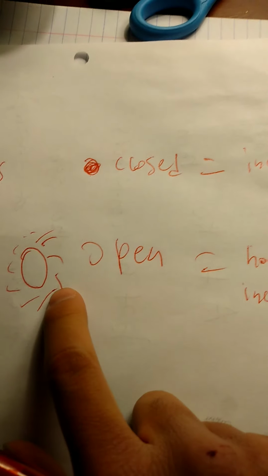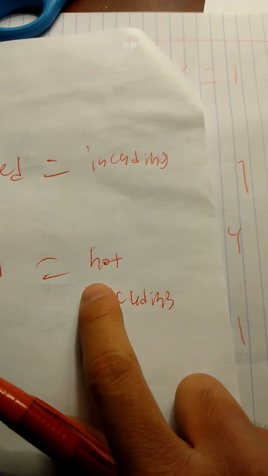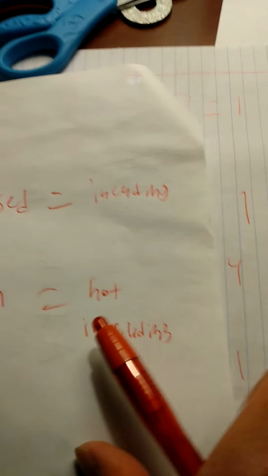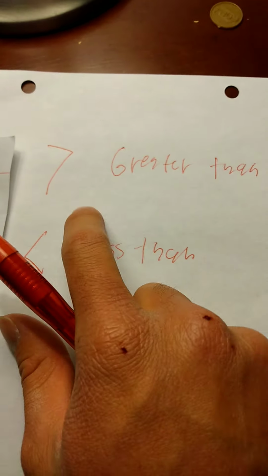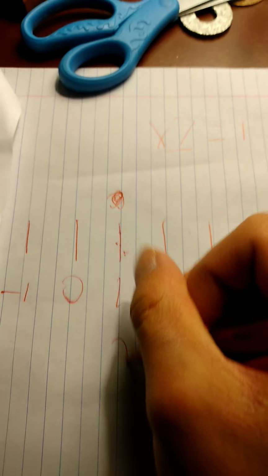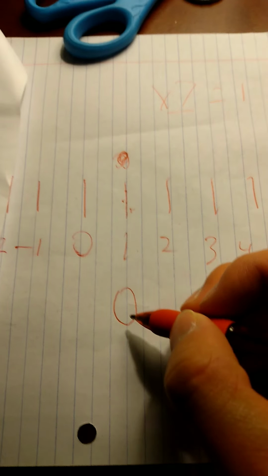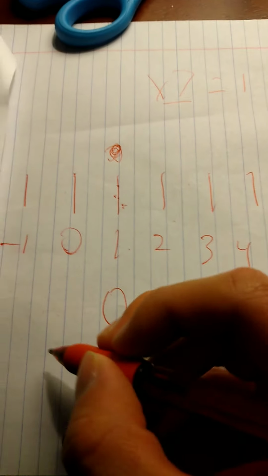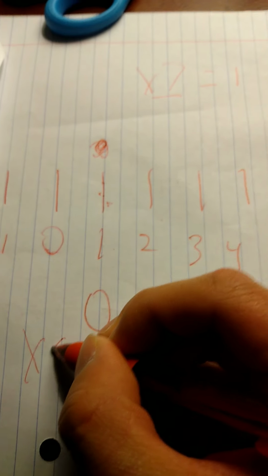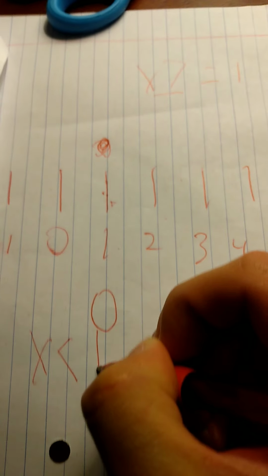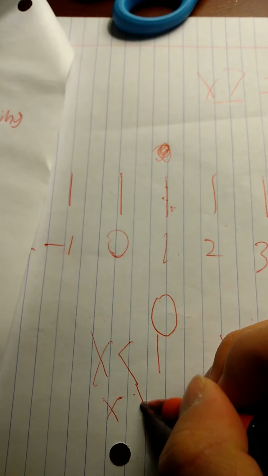If it was an open circle, it would mean not including that number. So that would apply to the original symbols, greater than and less than. If we have an open circle on number 1, we're saying that x is less than 1 or x is greater than 1.